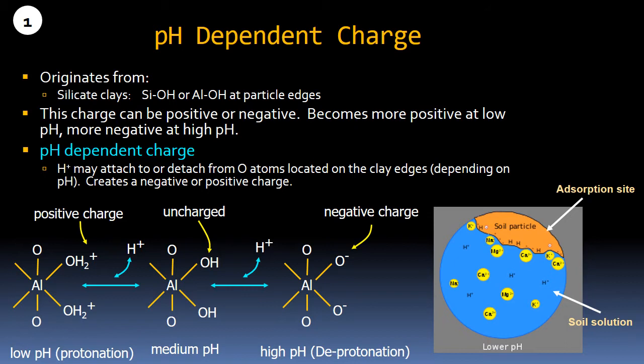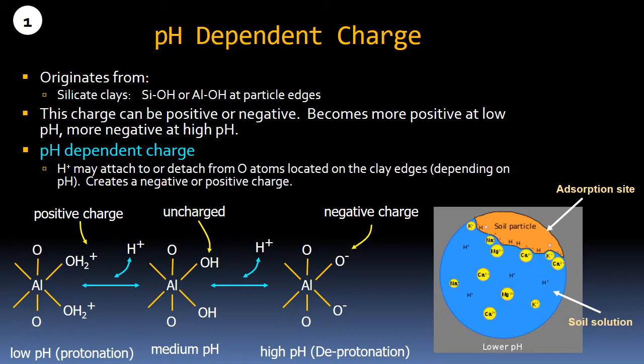It will dissociate into oxygen and hydrogen. The hydrogen will go to the soil solution and the oxygen will still be fixed there, and that will end up creating more negative charges, because now it goes from OH, which has a net charge of -1, to oxygen, which has a charge of -2. That would increase the negative charges.